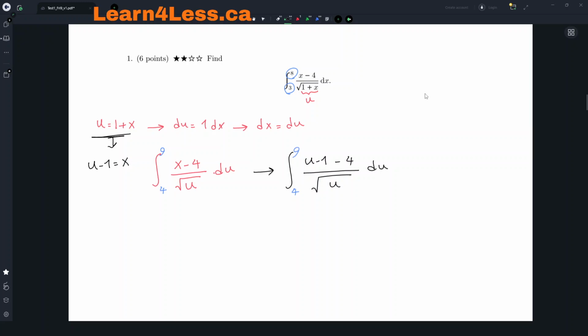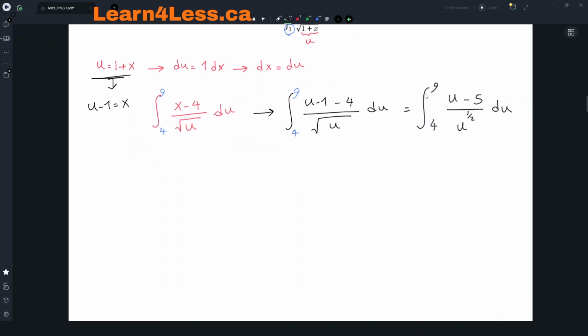Okay, so let's simplify it a little bit. From 4 to 9, u minus 1 minus 4, we have u minus 5. And instead of square root of u, let me just write it as u to the power of half. From here, I can simply break down the fraction. So I can write this as the integral from 4 to 9 of u over u to the power of half, minus 5 over u to the power of half.